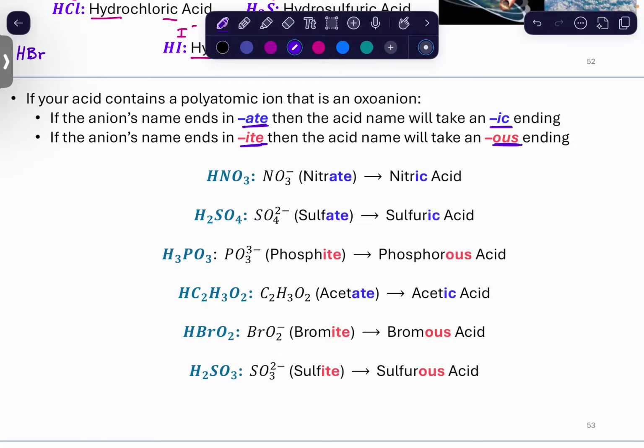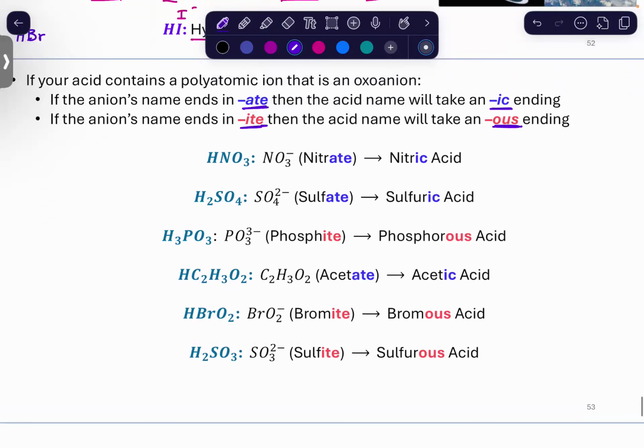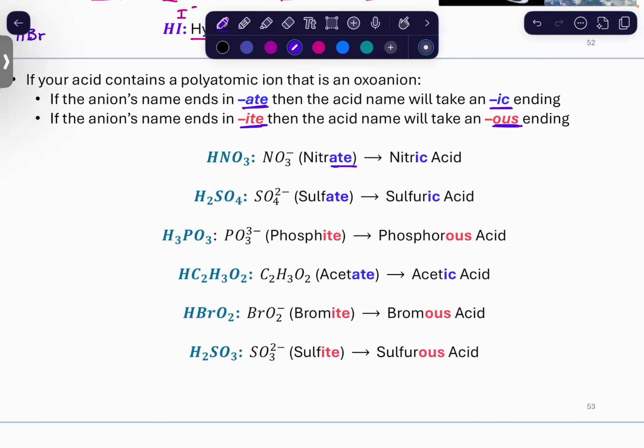And I want to show you that you still use the entire oxoanion family name. So if we look here, your NO3 is nitrate. When I put that hydrogen on there, it becomes nitric acid.